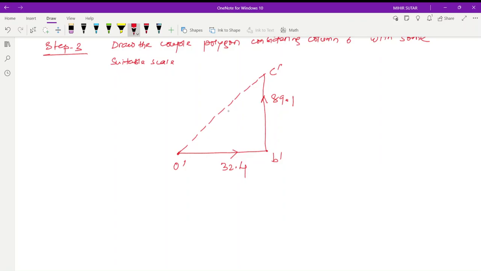So this closing side you measure it, which should be equal to 0.9 of MD. Once you measure it, you will get the value of MD. So you can find out MD.